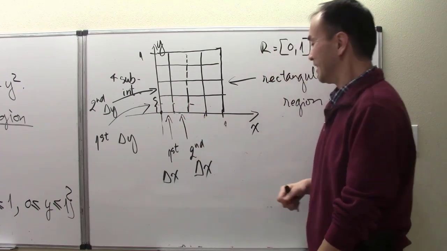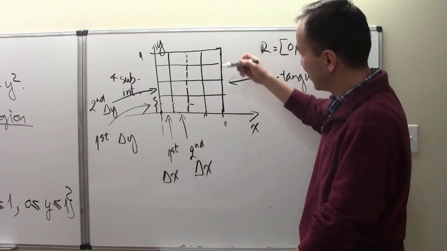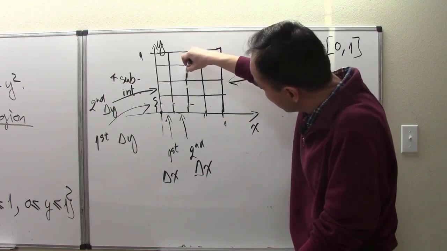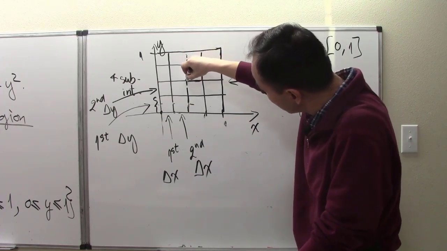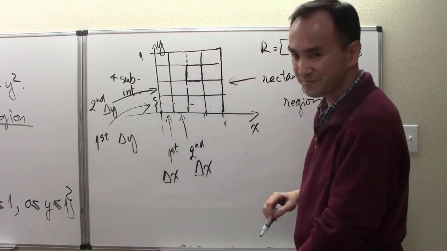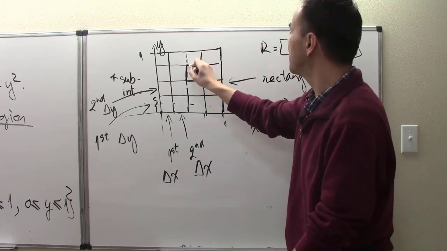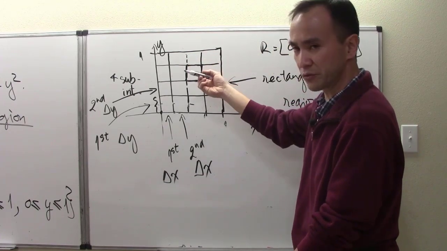Now, right now we're just trying to understand what it is. If I pick any subpartition rectangle, it's just a rectangular shape.